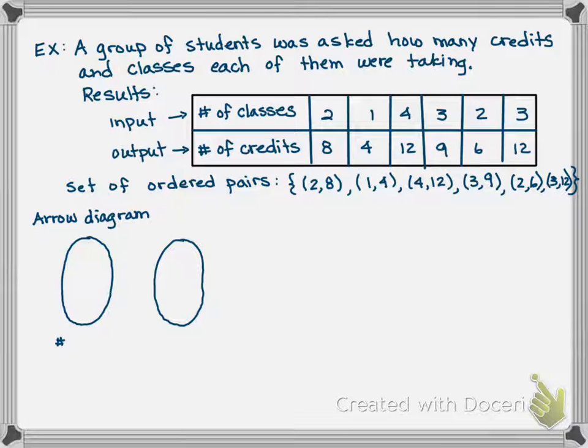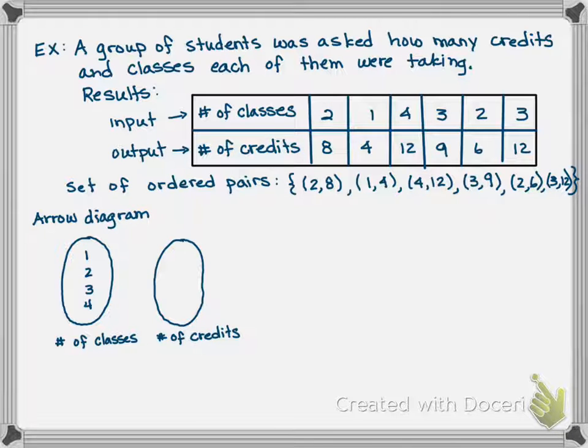This is going to be my number of classes. This is going to be my number of credits. And so in my number of classes, I'm going to list 1, 2, 3, and 4.